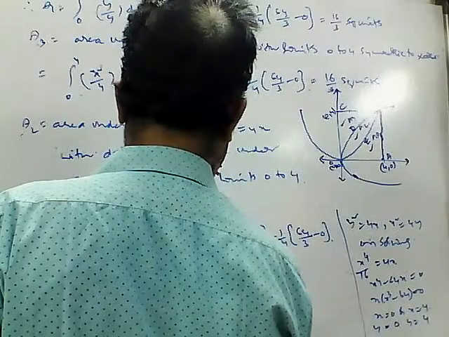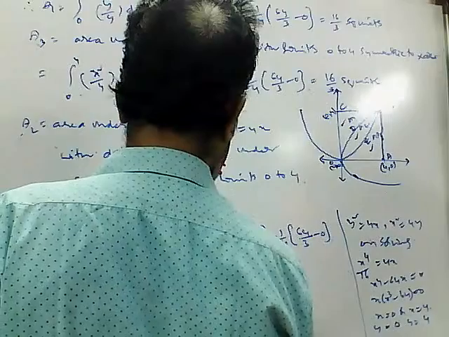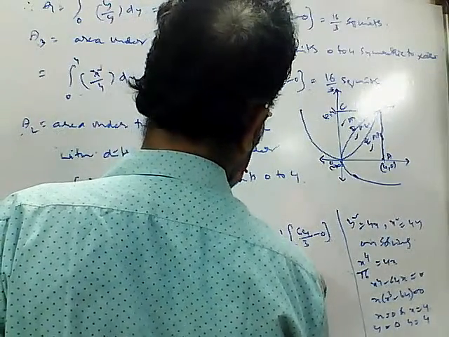That is 32 by 3 minus 16 by 3, which is equal to 16 by 3 square units.